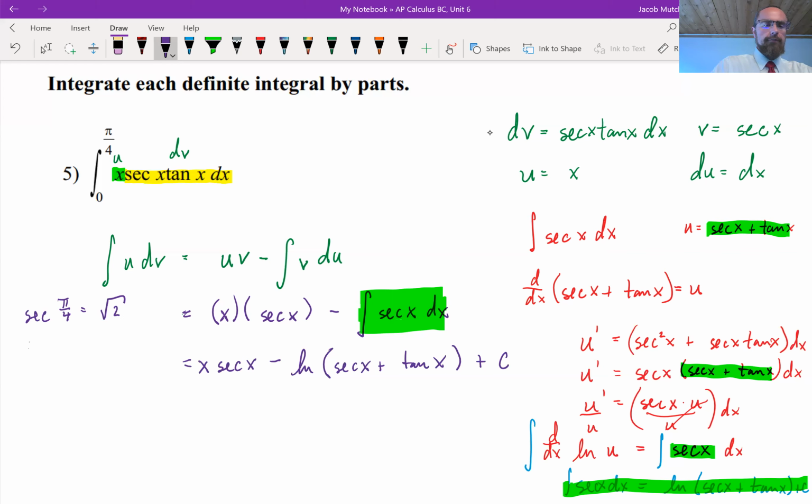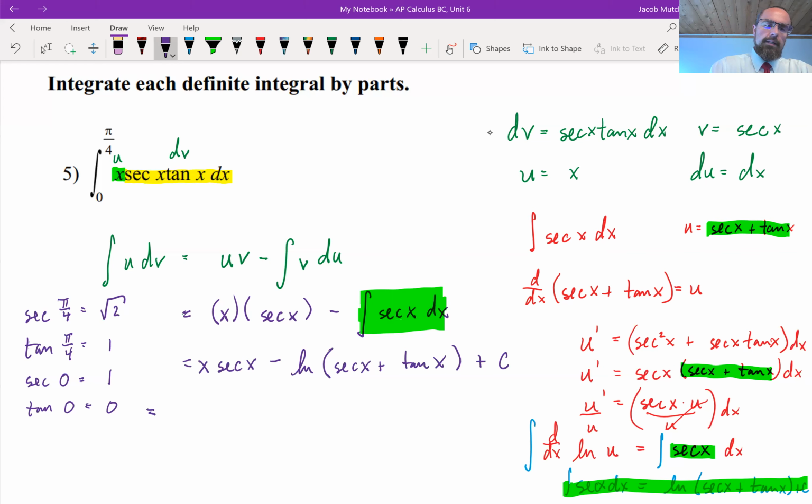If I also check for tangent at pi over 4, that has the value at 45 degrees of 1. And then the other values I'll need, secant at 0 is going to be 1. Tangent at 0 is going to be 0.